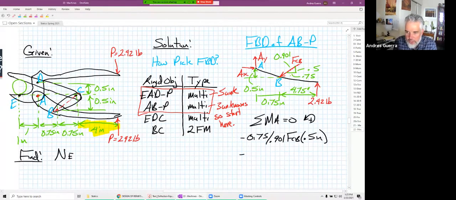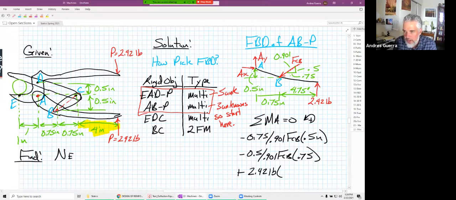Let's look at the Y component. It's 0.5 over 0.901 FCB, and that is at a distance of 0.75 from point A. It's also going to cause a negative rotation about point A. And then we have a plus 2.42 pounds times that whole distance of 5.5 inches. And all that has to be equal to 0. We are going to find that FCB is equal to positive 16.0 pounds.